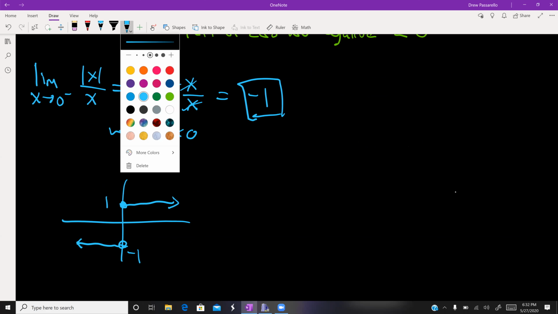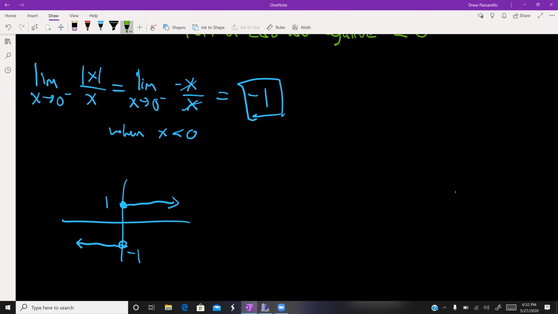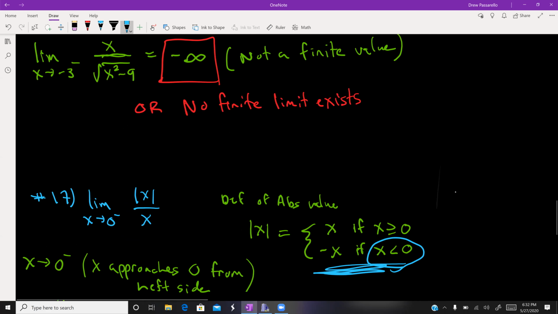If we're talking about x values to the left of 0, approaching 0 from the left, they're getting closer and closer to the hole, but all of the values on this line are the same. They're all negative 1. So that's why the limit from the left side is negative 1. All right, so that's number 17.